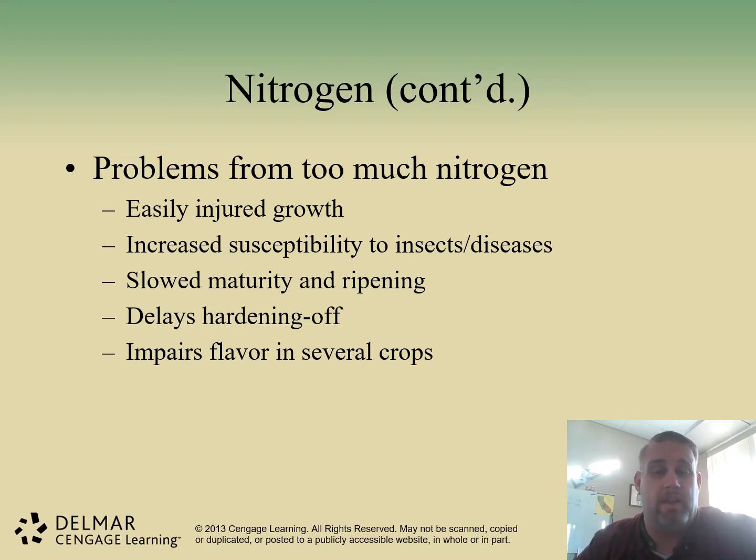So as I said, the nitrogen is for vegetative growth, not necessarily for fruiting growth. So there is a time in the growing of plants that nitrogen is supposed to be tailed off, and phosphorus and potassium are increased. And then nitrogen can impart certain flavors on certain plants and certain fruits and vegetables.